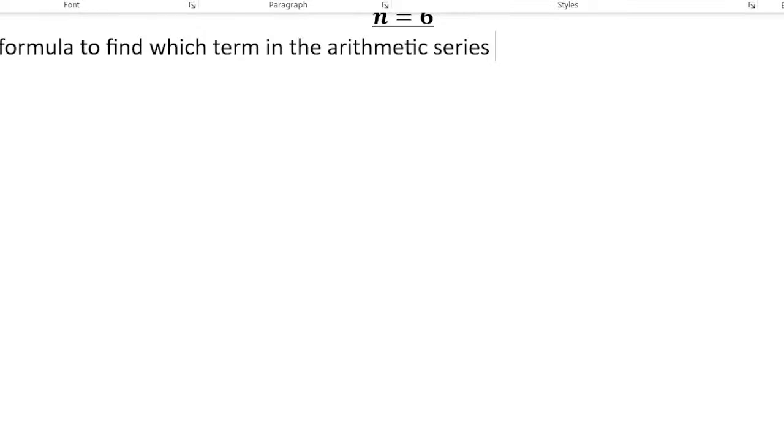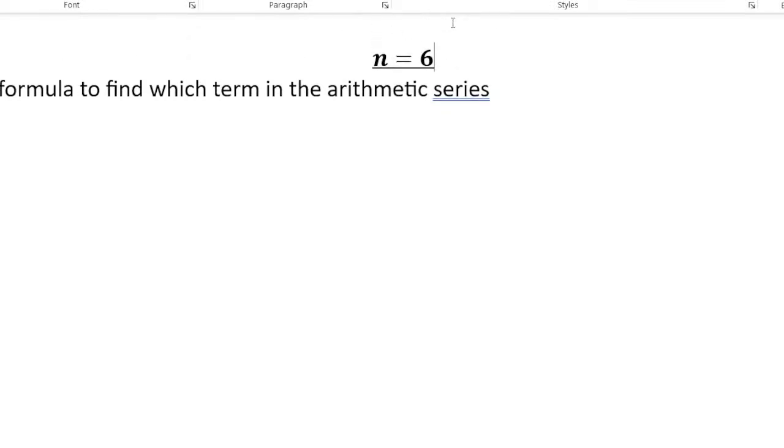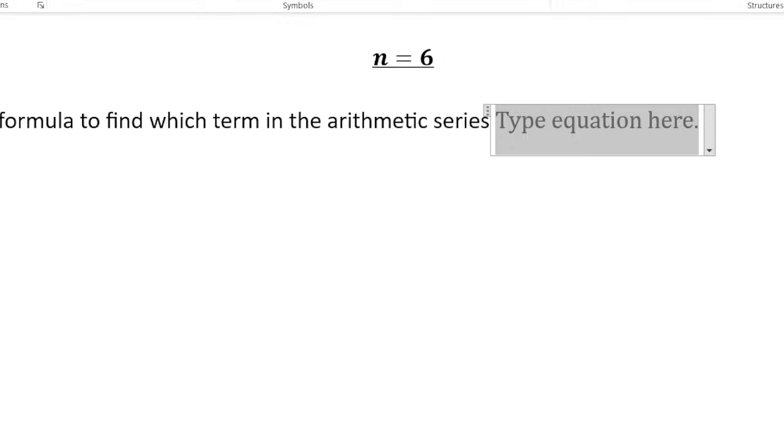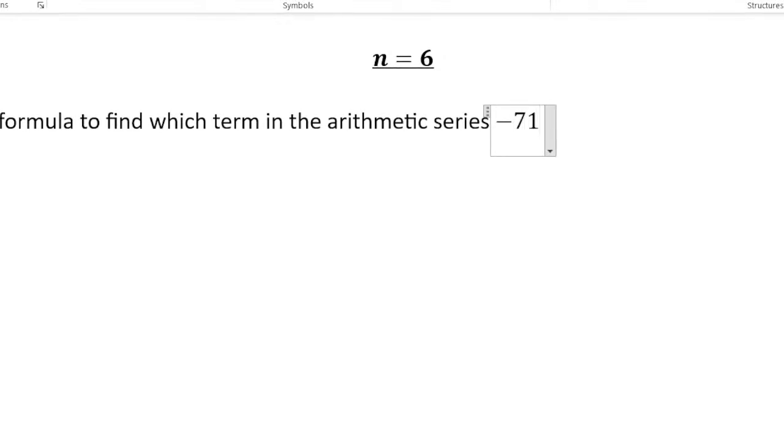In the arithmetic series, which term in the arithmetic series? We have negative 71, negative 68, negative 65, and the sequence continues.